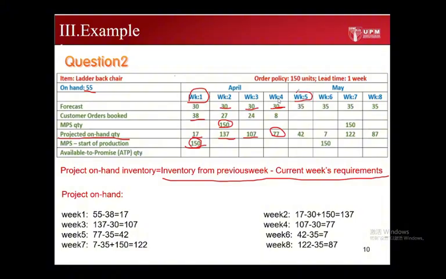The next, week 5, projected on hand equals 77 minus 35 equals 42. The week 6 equals 42 minus 35 equals 7.